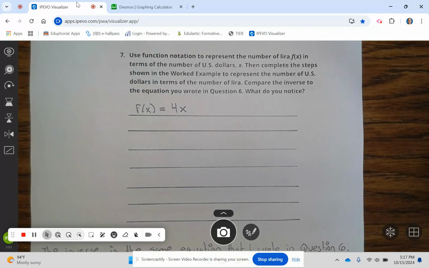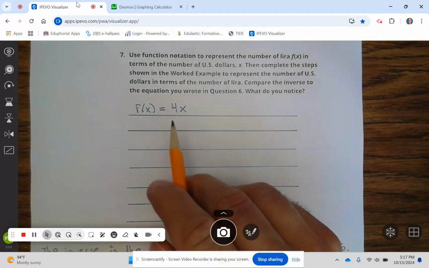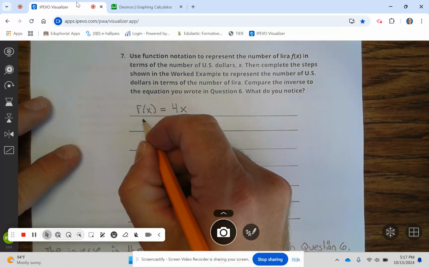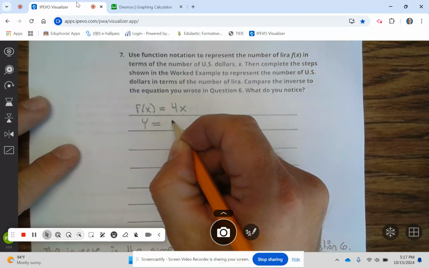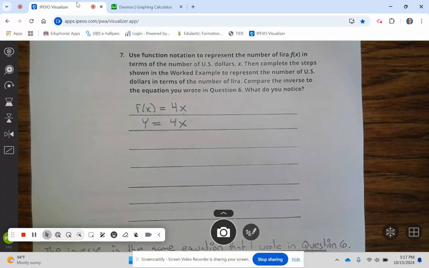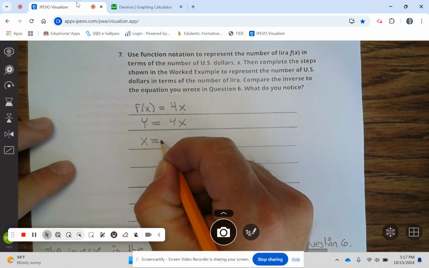7. Use function notation to represent the number of lira f of x in terms of the number of US dollars x. So we have that f of x equals 4x. Then complete the steps shown in the worked example to represent the number of US dollars in terms of the number of lira. Compare the inverse equation you wrote in question 6. What do you notice? So first step, change f of x to y. Step 2, switch x and y. So x equals 4y.